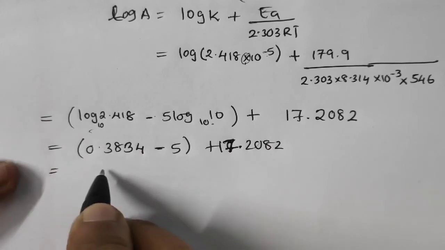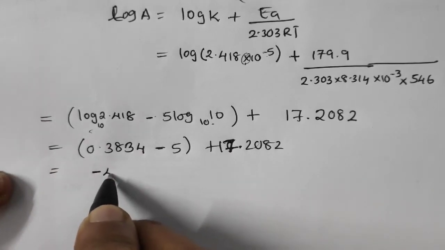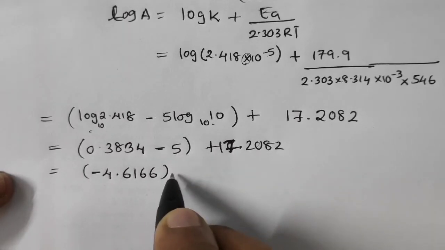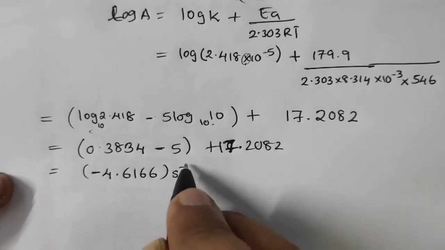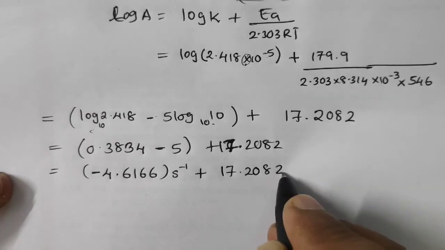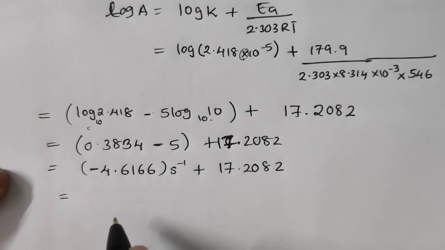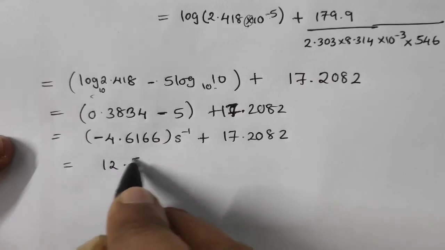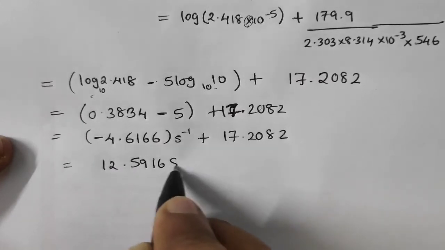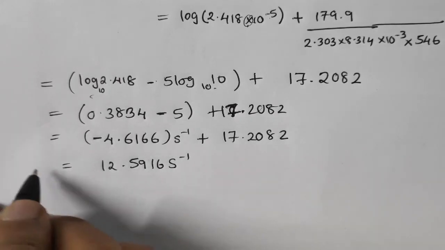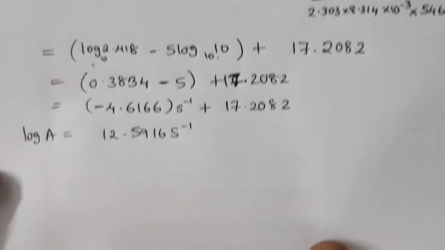If you simplify this, you will get minus 4.6166, which is the log of the k value, plus 17.2082. Simplifying this, you will get 12.5916. If you subtract this from 17, you get this value. So log A is equal to this value.